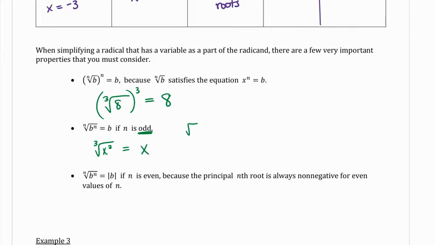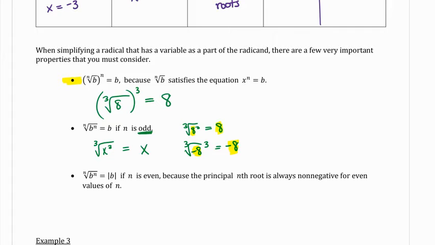If I'm doing the cube root of 8 cubed, we just get 8. But if I do the cube root of negative 8 cubed, then we end up with negative 8. So if I had 8 to start, I ended up with 8. If I had negative 8 to start with, I ended up with negative 8. Those matched up. So this property works when n is odd.